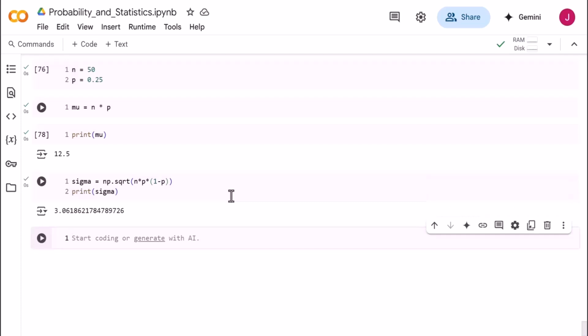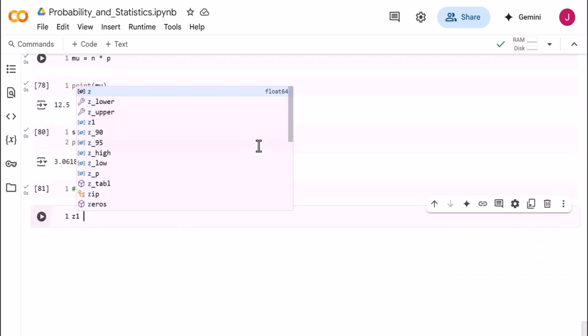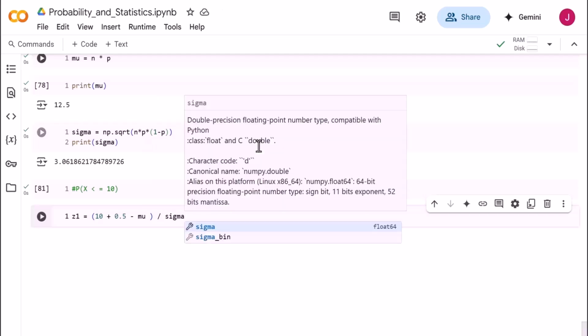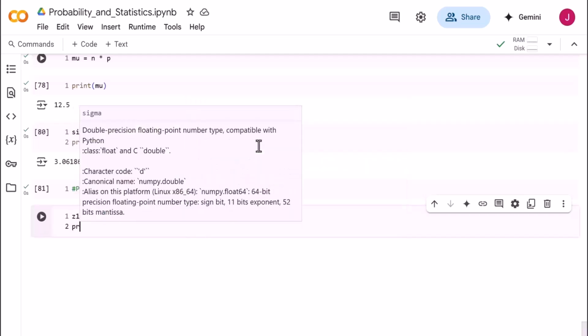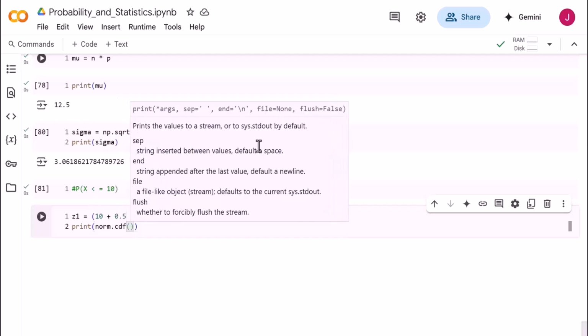So sigma is 3.06. Now we calculate the probability of X less than or equal to 10 with continuity correction. It means 10 plus 0.5, right? Z1 is equal to 10 plus 0.5 minus mu, divided by sigma. And then we can print norm.cdf of Z1.